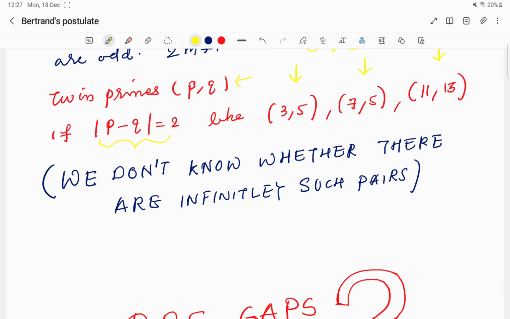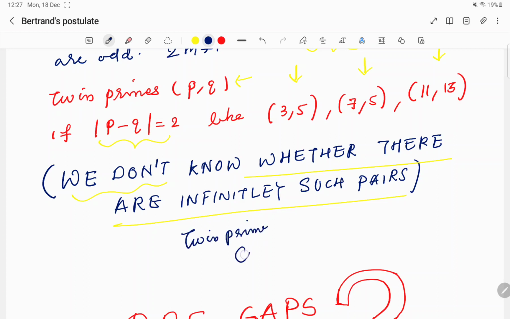Now we don't know whether there are infinitely many such pairs. We know that there are infinitely many primes, you know, Euclid's proof and many other proofs are given, but we don't know whether these pairs are infinite.